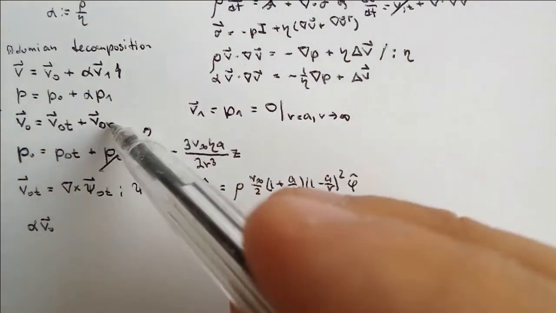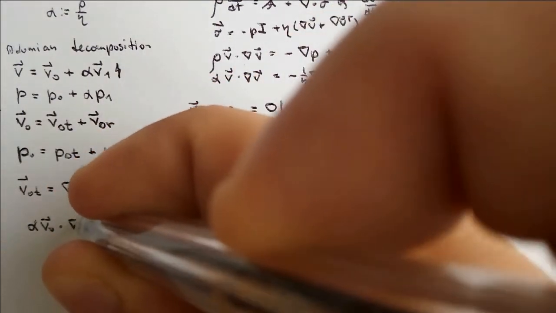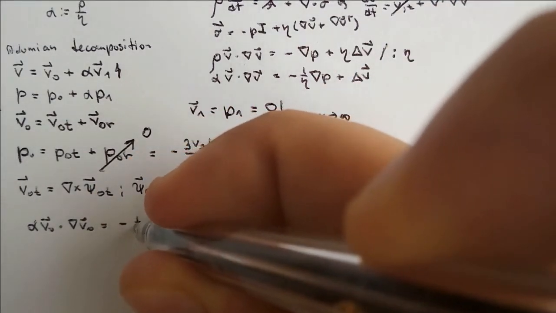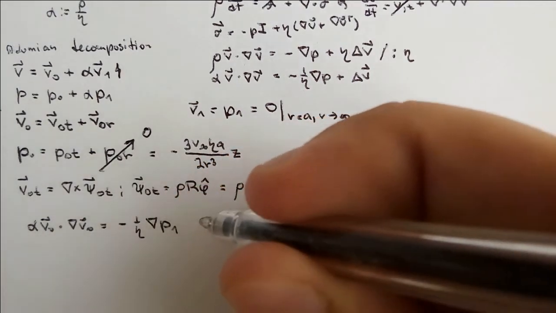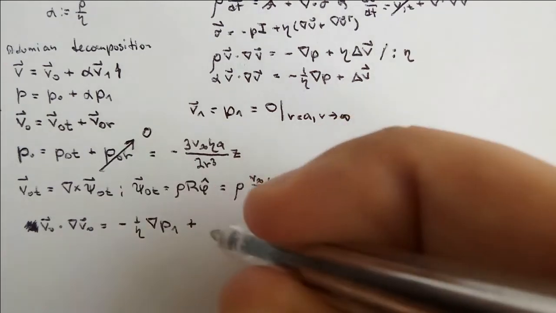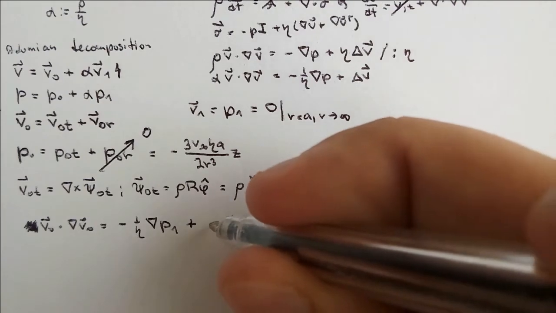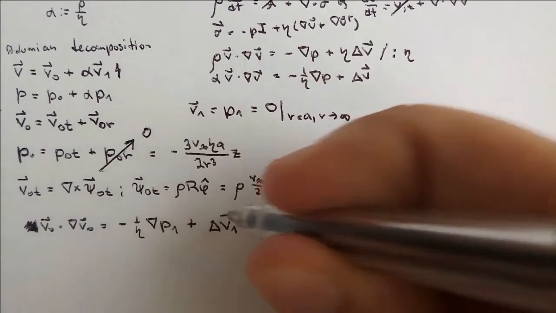This is our equation before substitution. Only this part is the dot product between these velocity fields, and there is minus 1 over eta gradient of the pressure P1, and I'm sorry, there is no alpha here because it's a linear term, plus, since we are equating the linear term in alpha, plus Laplacian of v1.